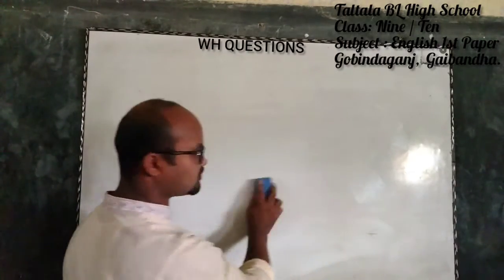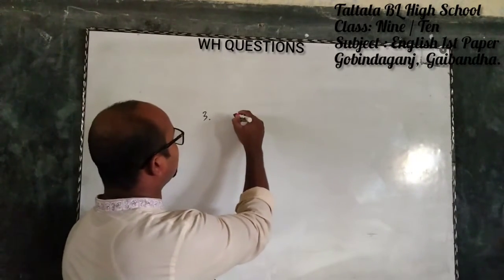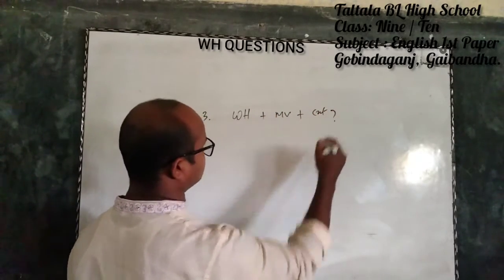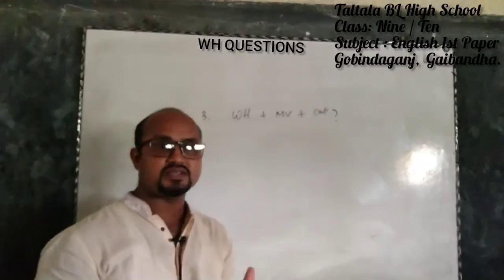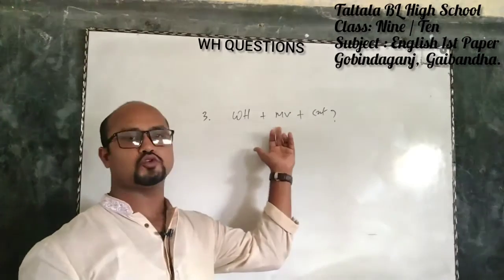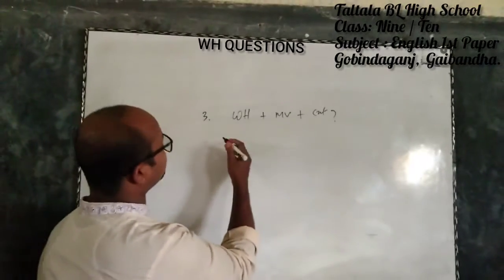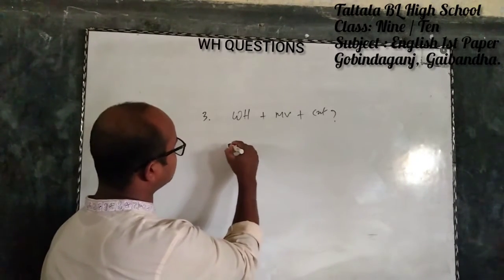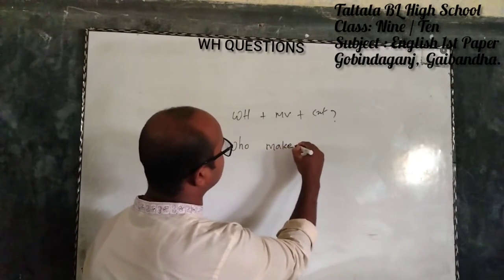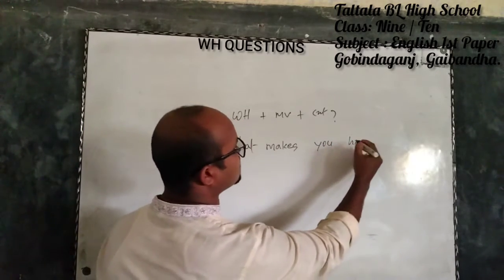Now go to structure number 3. WH plus main verb plus extension, question mark. If the WH is used as a subject, then you have to put the main verb after the WH. For example, what makes you happy?